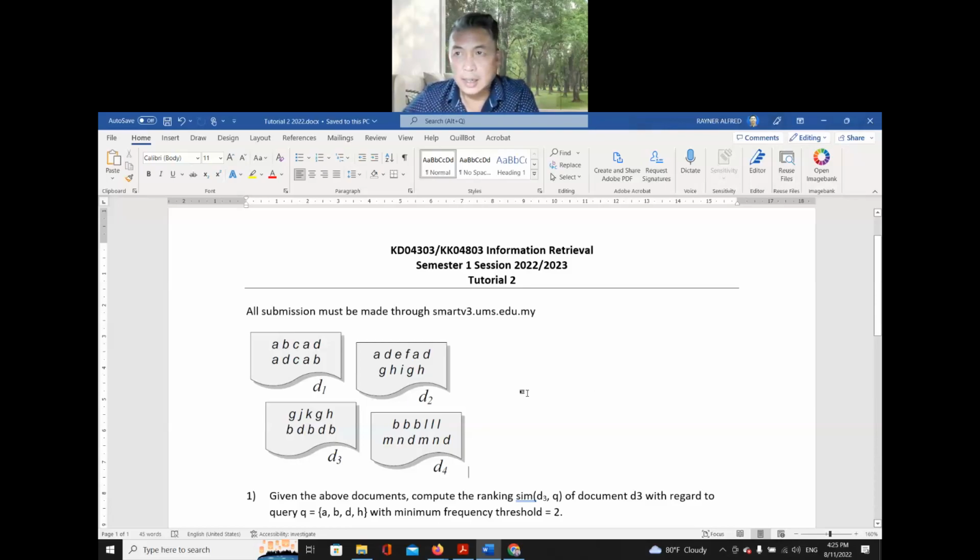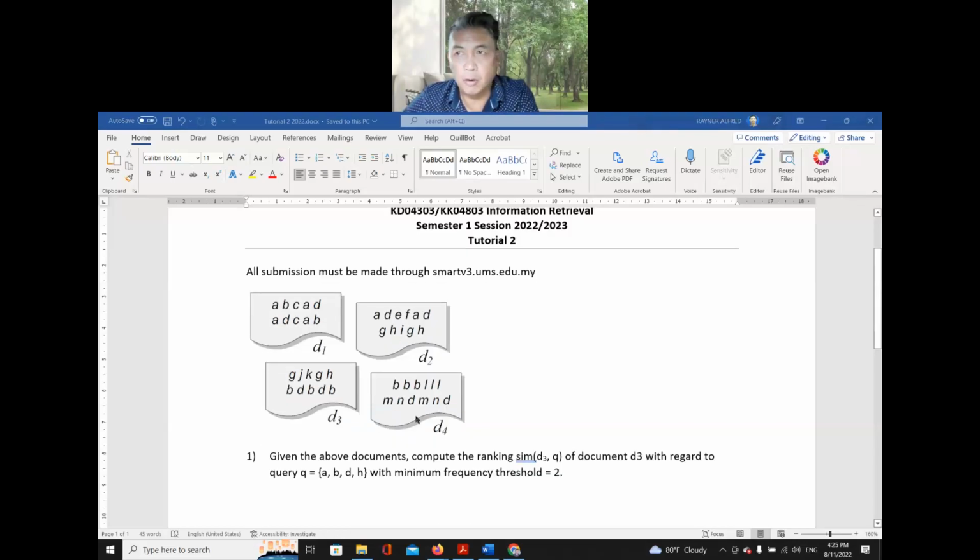So we will use the same document, document 4. In this question, given the above document, we need to perform the ranking similarity between document 3 and the query.